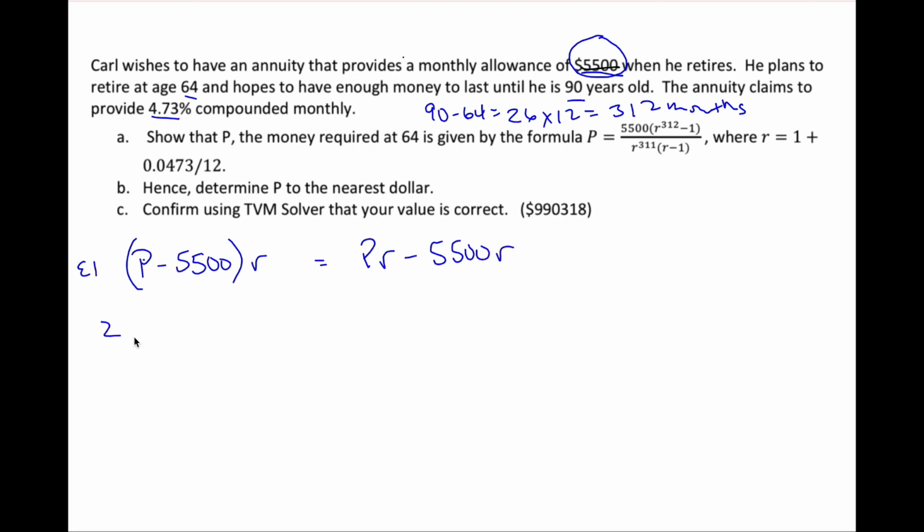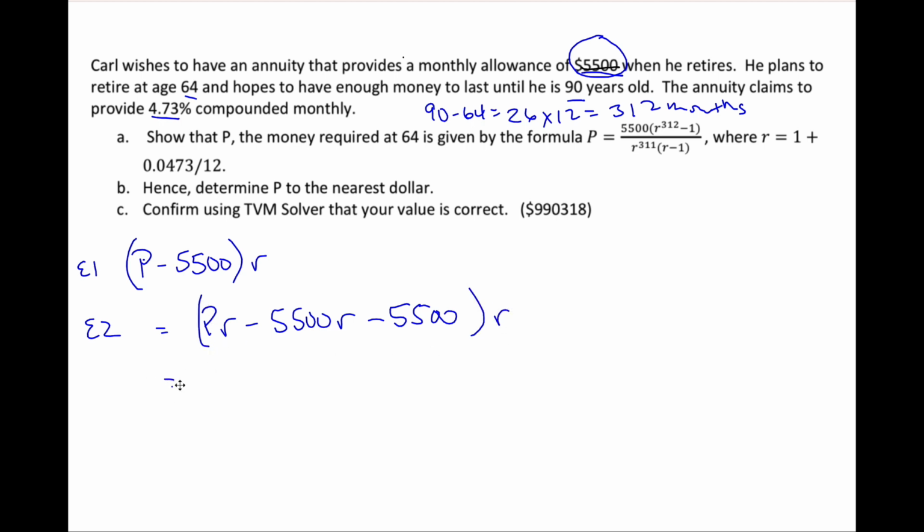Then at the second month, I subtract 5,500. And then at the end of the month, all the money that's left here is multiplied by R. And so I have PR squared minus 5,500R squared minus 5,500R.